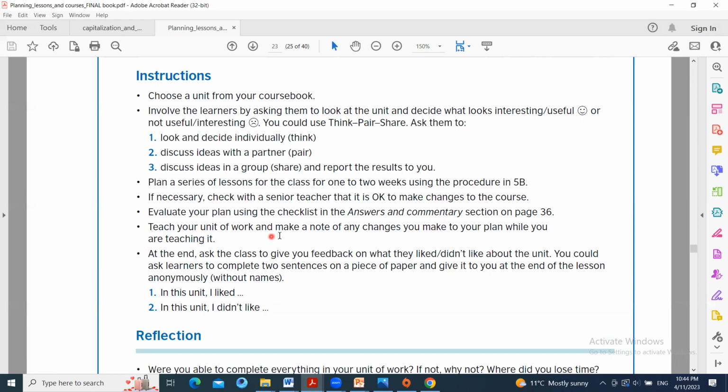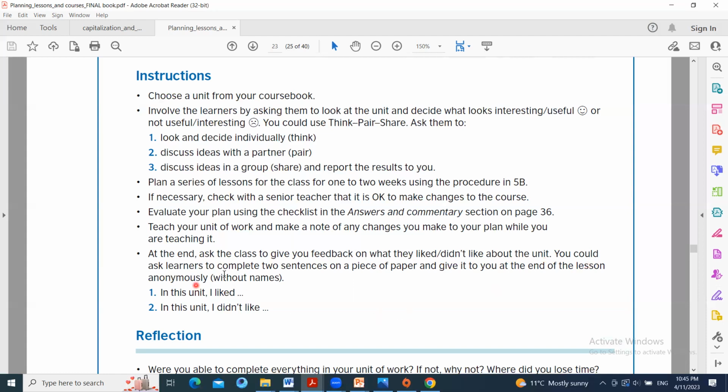Teach your unit of work and make a note of any change you make to your plan while you are teaching. At the end, ask the class to give you feedback on what they liked or didn't like about the unit.